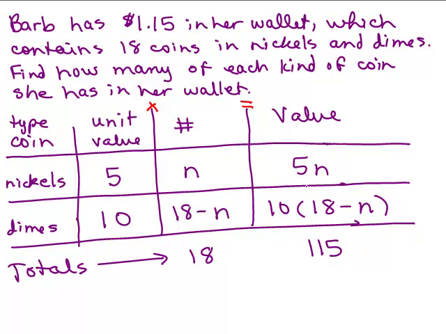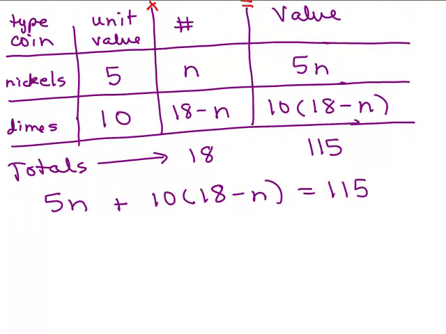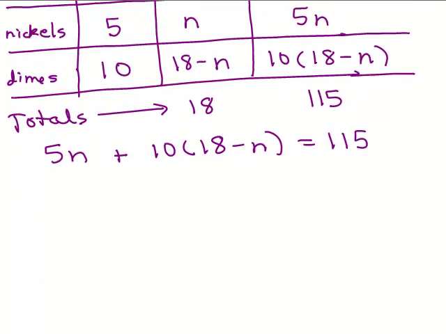So my equation is the value of the nickels, 5n, plus the value of the dimes, which is 10 times 18 minus n, equals 115. So this is the equation we need to solve. And there's different ways you might solve this equation. You could put this on pause and see if you can solve for n.